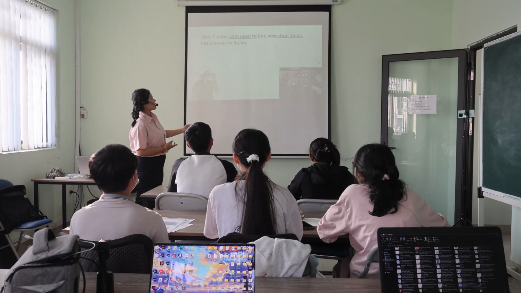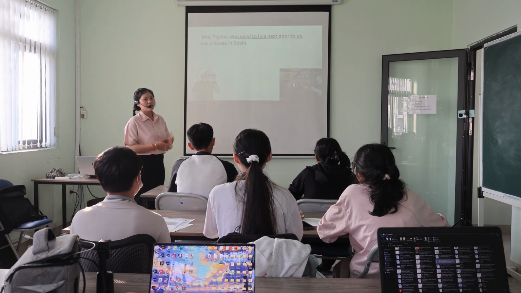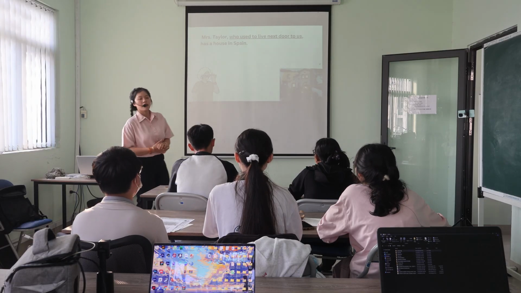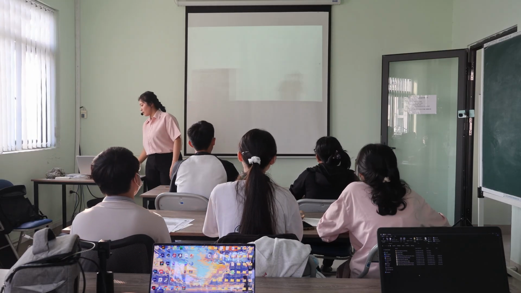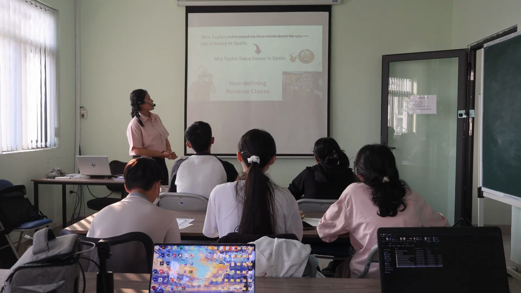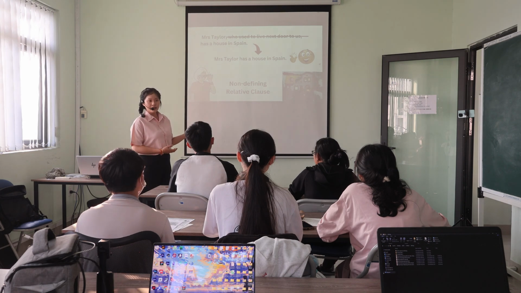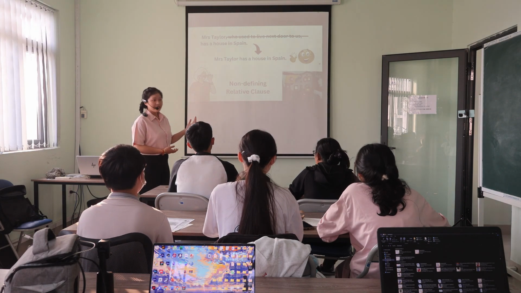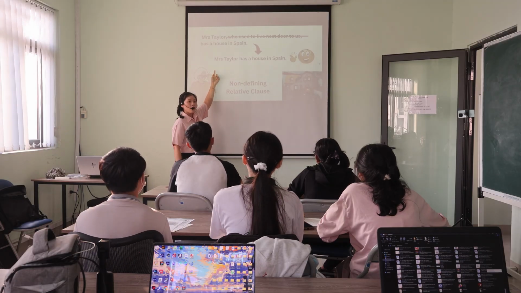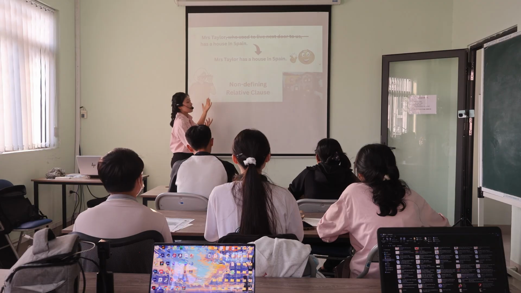In this sentence, the phrase who usually lives next door to us gives extra information, like your friend says. Because without this phrase, we have the sentence: Mrs. Taylor has a house in Spain. Does the listener understand? Yes, because the speaker and the listener already know who Mrs. Taylor is.